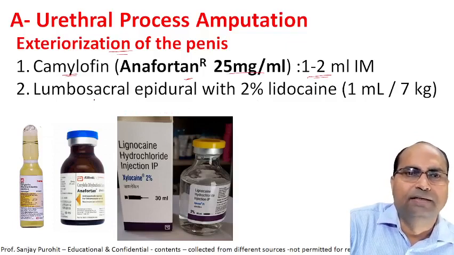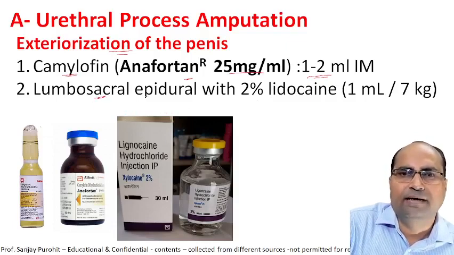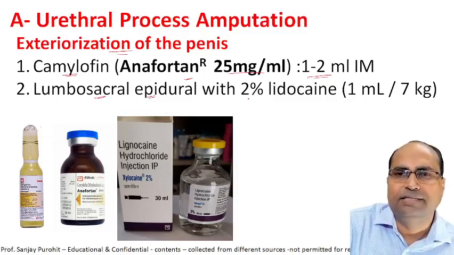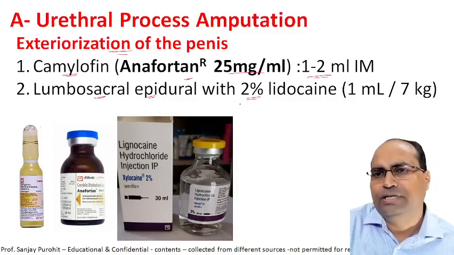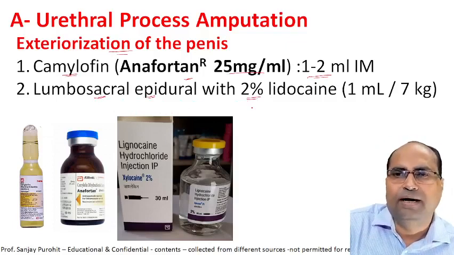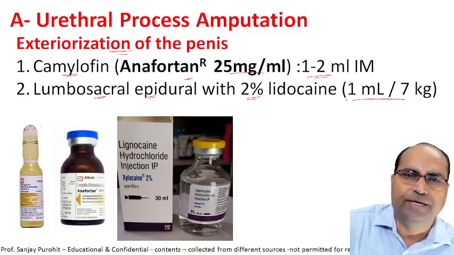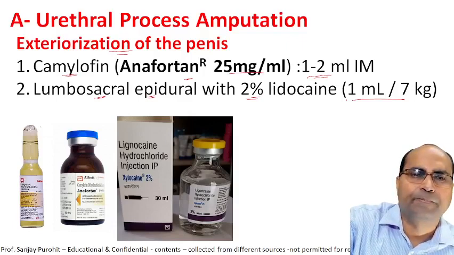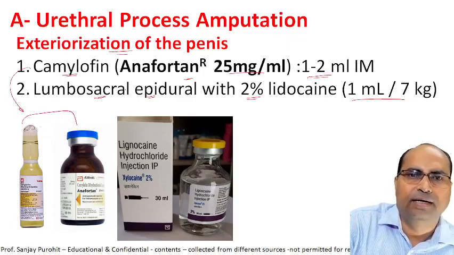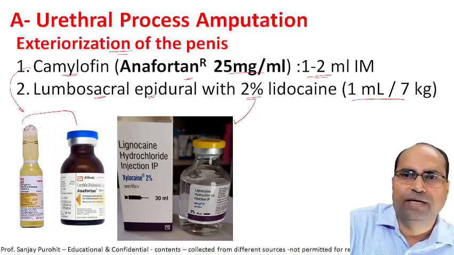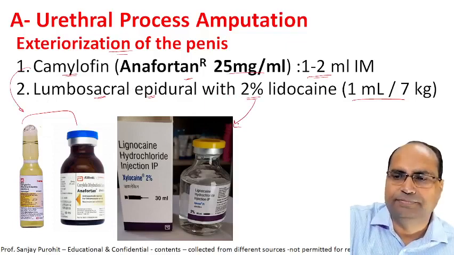After that, give the lumbosacral epidural anesthesia using the 2% lignocaine hydrochloride solution at the dose rate of 1 ml per 7 kg body weight. This one is the Anaphotone and this one is lignocaine hydrochloride solution.